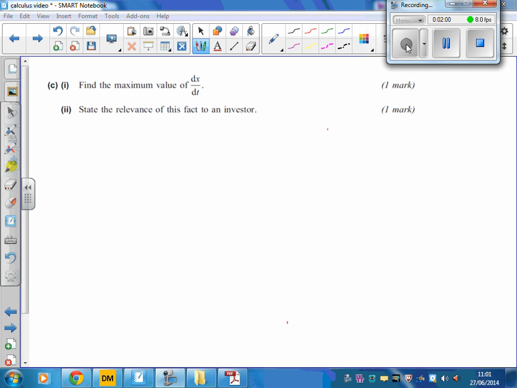Part C asks us to find the maximum of dx by dt, so I'm just going to write it out again so we can look at it. Normally we differentiate again and equal it to 0, but with trig we don't have to do this because we know that sine t normally fluctuates between 1 and minus 1, and then the 1,500 is the stretch in the y direction.